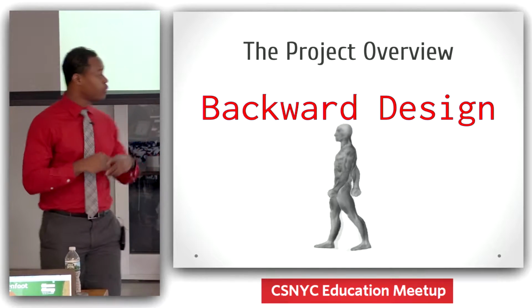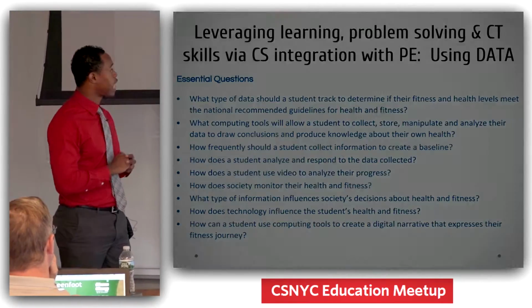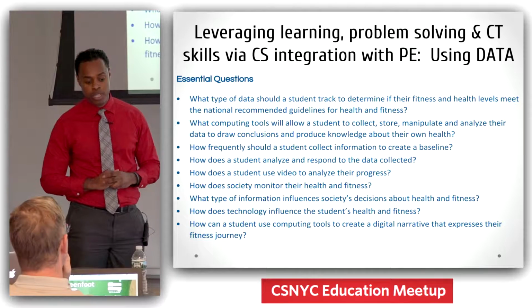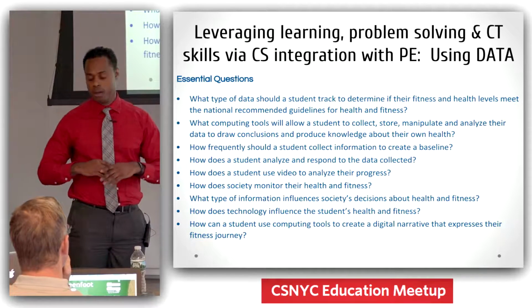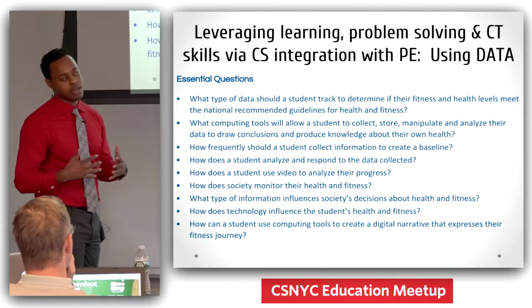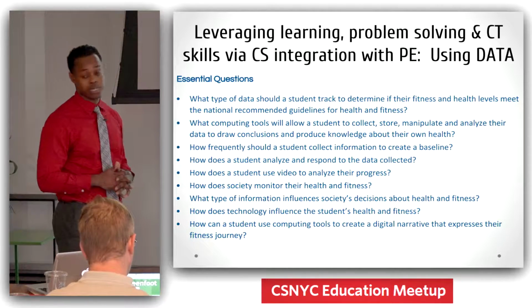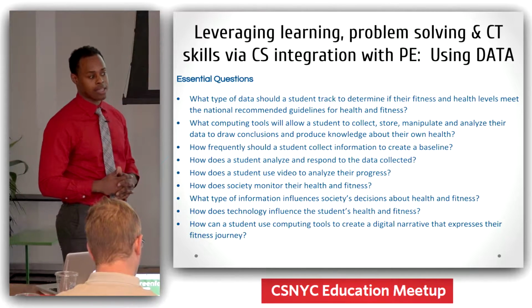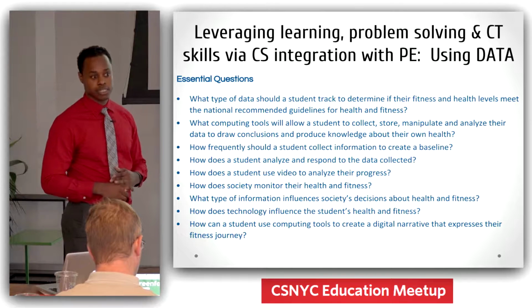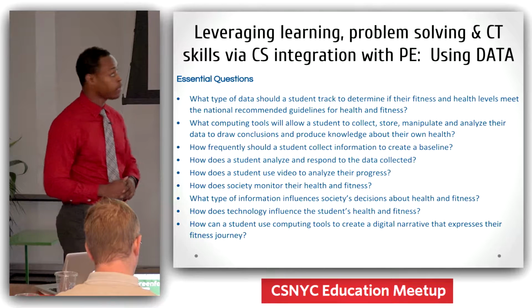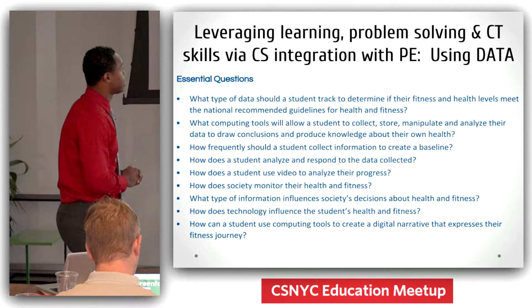When tackling the challenges, we had to ask essential questions. And the essential questions that came about between the both of us gave us more insight, not just into our end goal, but also into our learners themselves as active users of technology and active users of being active and wanting to be healthy. So here are some of our essential questions.